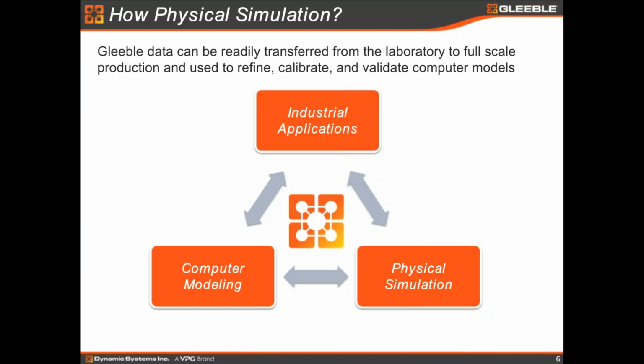However, we have to be aware that computer modeling is now a very, very powerful tool that you cannot ignore. Over the years, computers have improved so much, and computer modeling is so powerful, that a physical simulation by itself cannot really help as much.